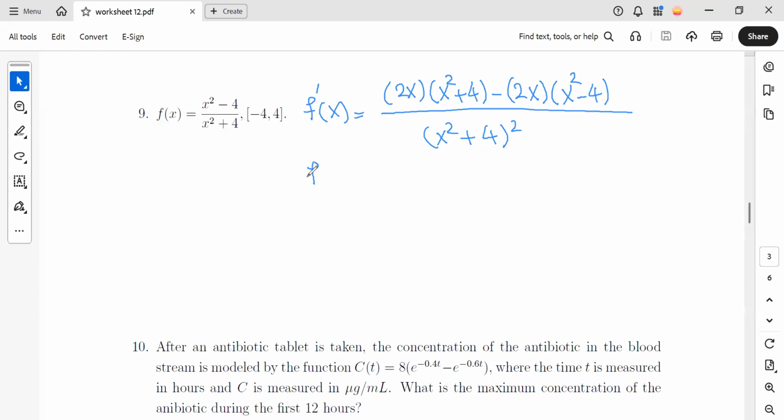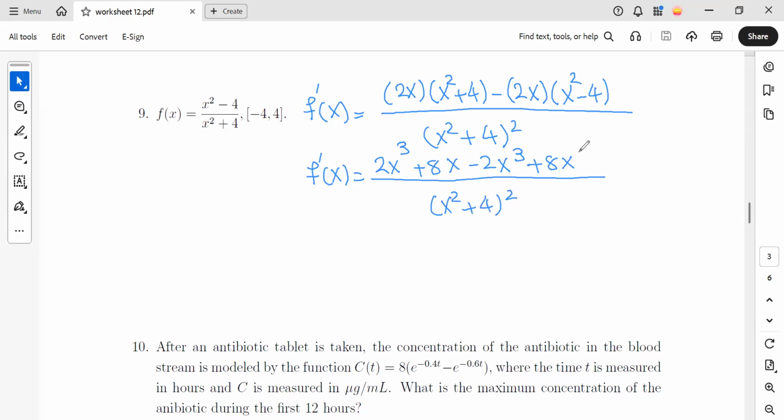So if we multiply them together, we would get 2x cubed plus 8x minus 2x cubed plus 8x all over x squared plus 4 squared. After simplifying, that would be 16x over x squared plus 4 squared.